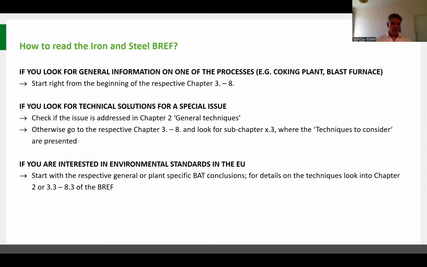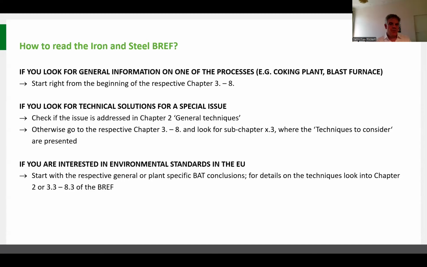So when you look at the iron and steel BREF, it's like a telephone dictionary, a very thick piece of paper. So the question is how to read it. If you look for general information on one of the processes, for example, on coking plants or blast furnaces, then you should start right from the beginning of the respective chapter 3 to 8.